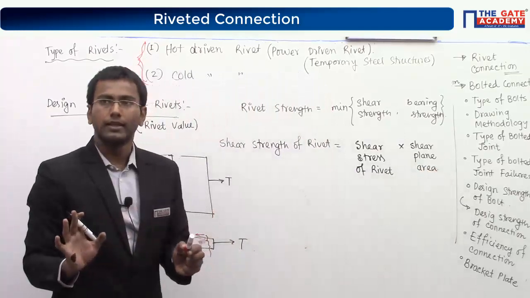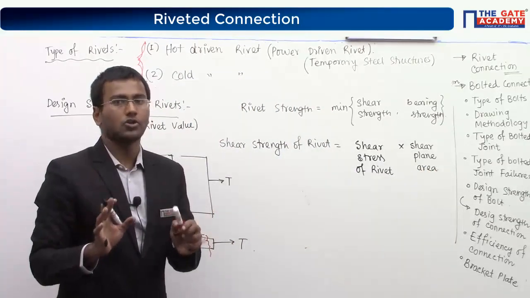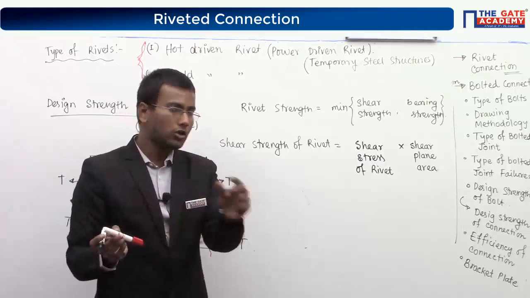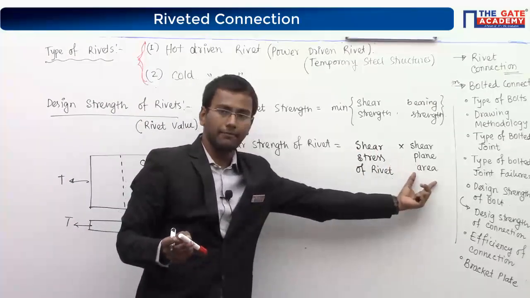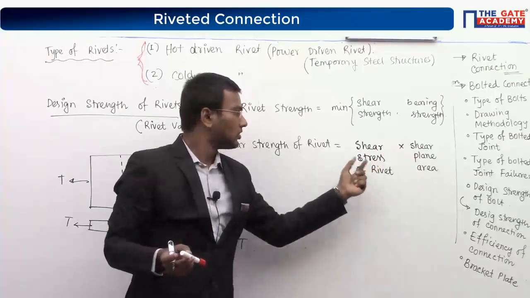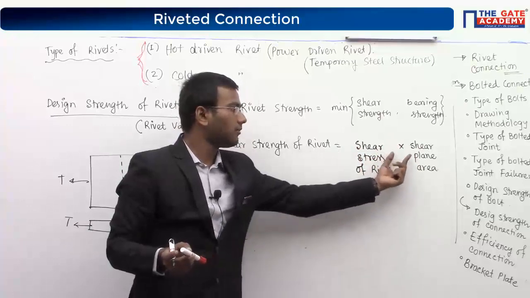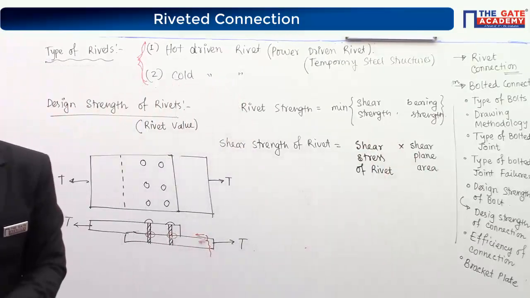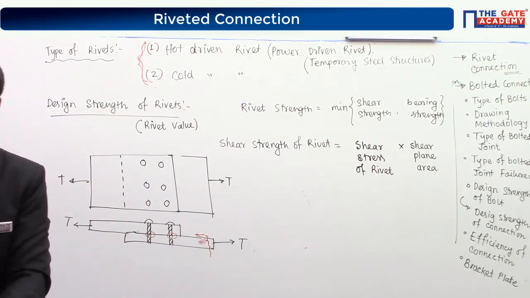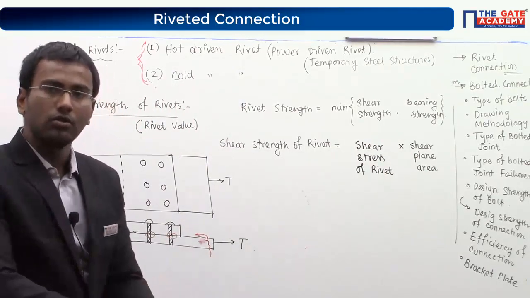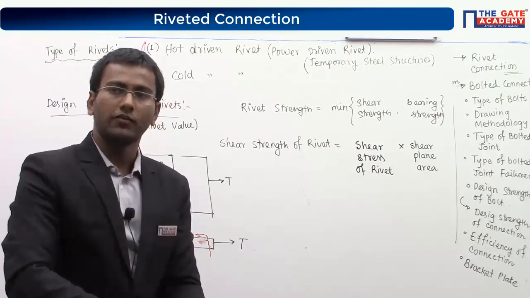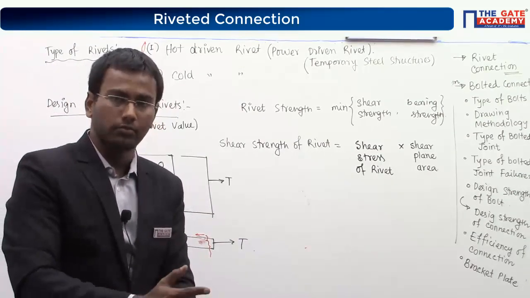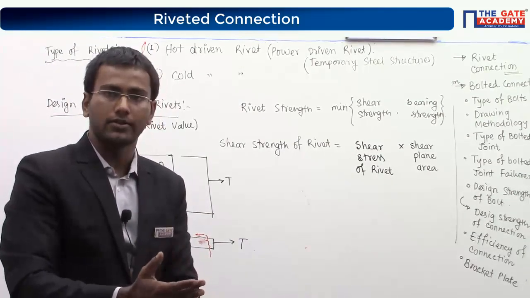We know that force or shear force is equal to what? Shear force equals shear stress multiplied by area. Same thing I have applied here. Shear stress of rivet multiplied your shear plane area. Now, what is the value of shear stress in working stress method? Remember, the value of shear stress in working stress method, because rivet comes from the working stress method concept.